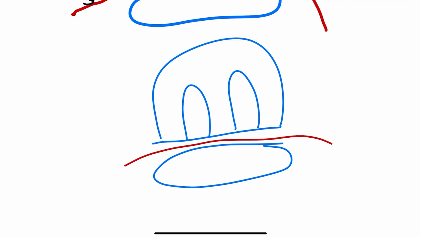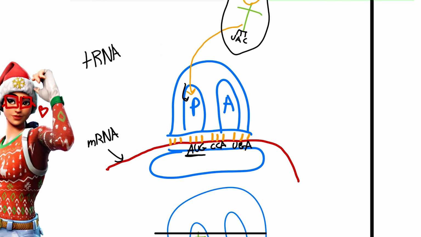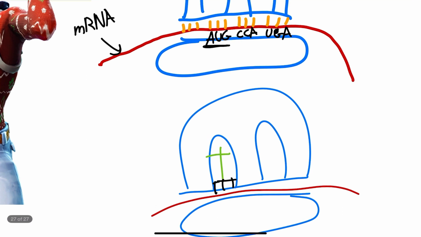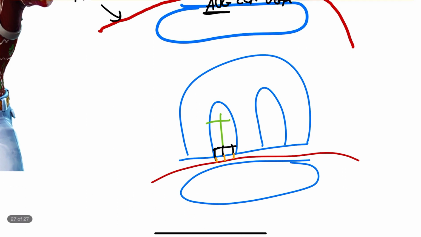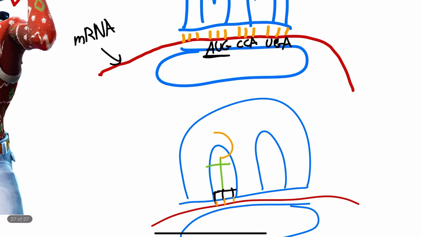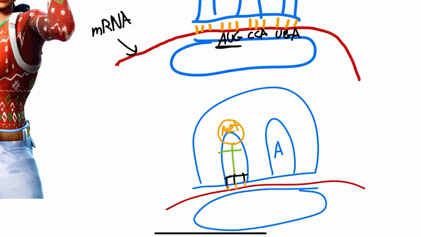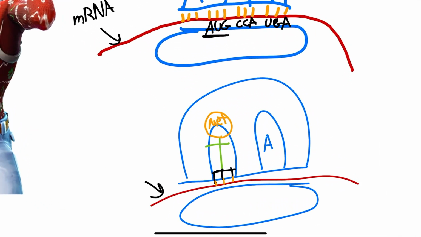Alright, we got this guy, he's chilling over here. All right. And he has binded to these ones down here. All right, it's binding, and then it has methionine up here. All right, this is what it looks like. All right, our A site is still empty. All right, we got everything. Yeah, let's just label this so we don't get confused.